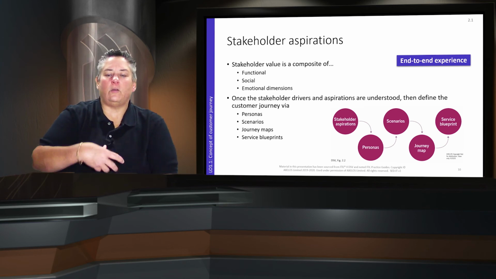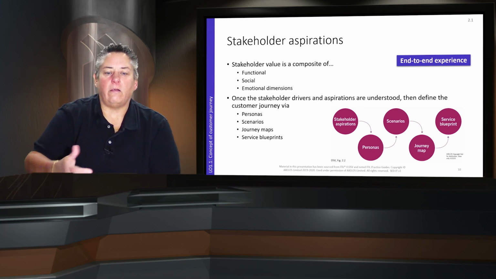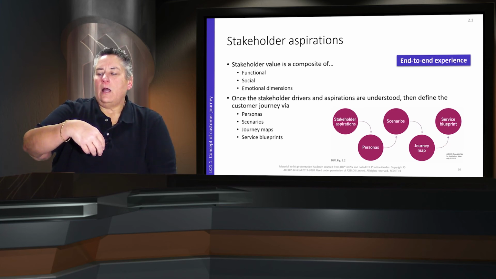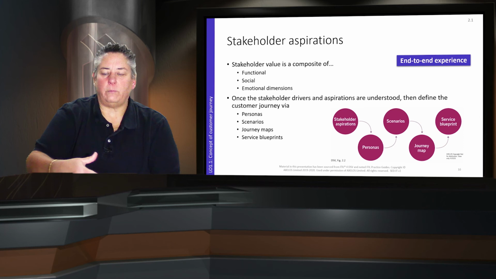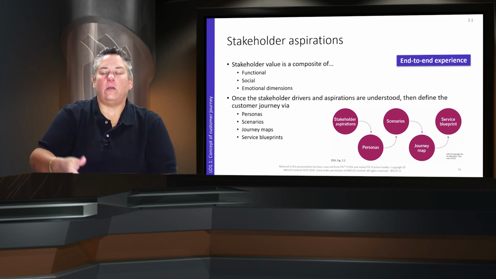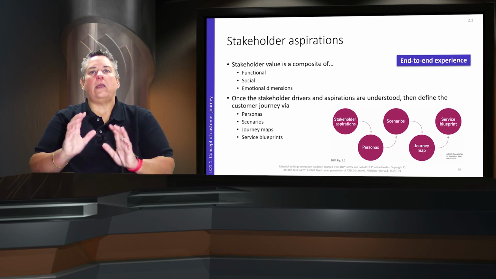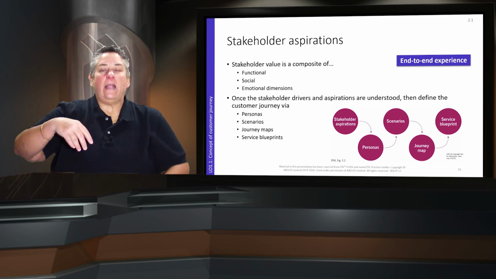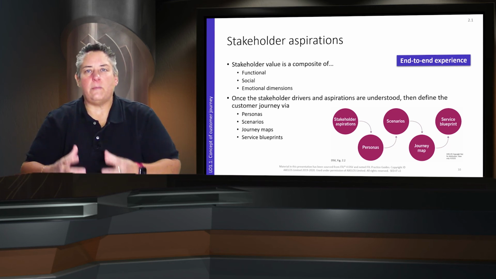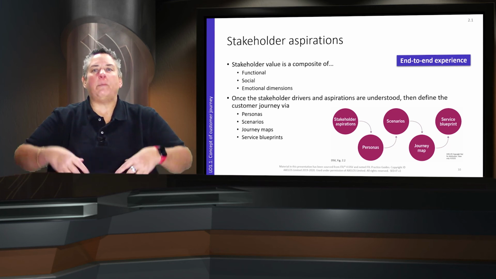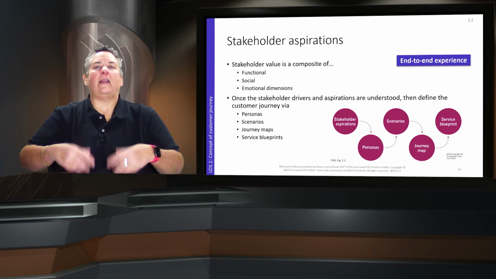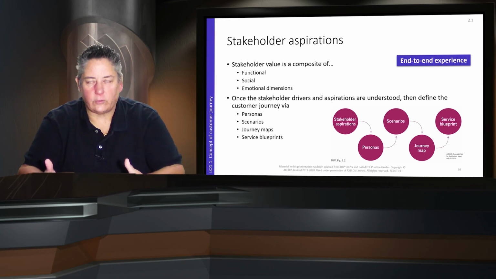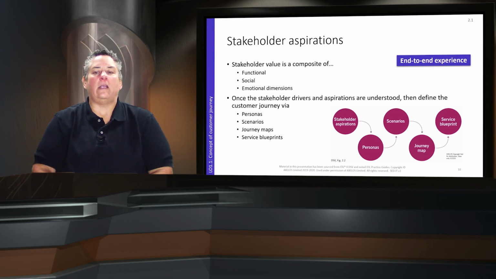And then we can put those personas into a scenario and then work on how will that persona work within that scenario. From there we can say, oh, we have found that perfect scenario, and so now we can create the journey map. And from the journey map, we can create the service blueprint, and that service blueprint becomes the service that we will deliver in the future, that actual functional service.